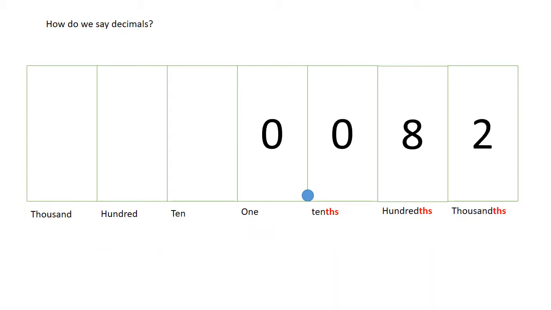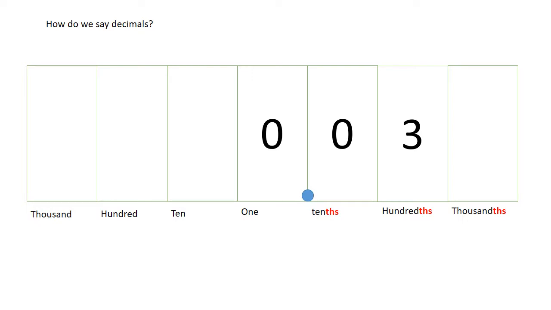All right, so let's take a look over here. I have an 8 in my hundredths place, a 2 in my thousandths place. The thousandths place is the last filled digit, so my answer should be 82 thousandths. If I take a look over here, the last filled digit is my hundredths place.